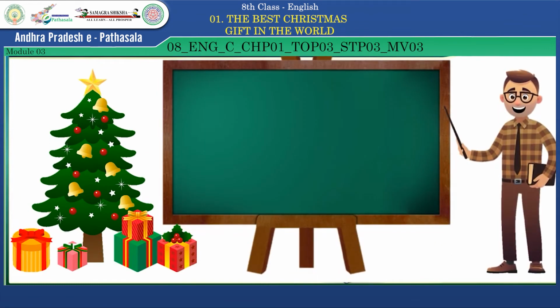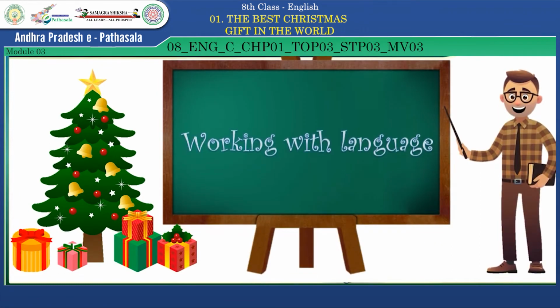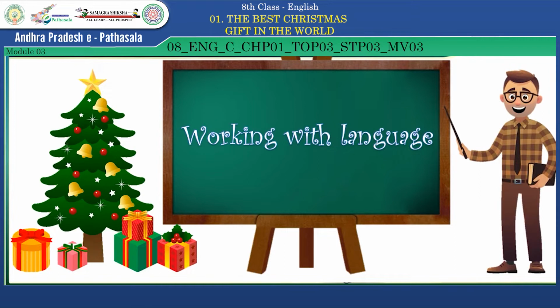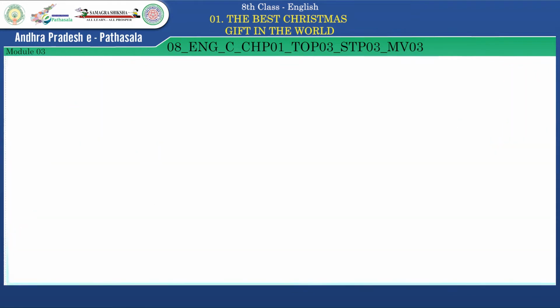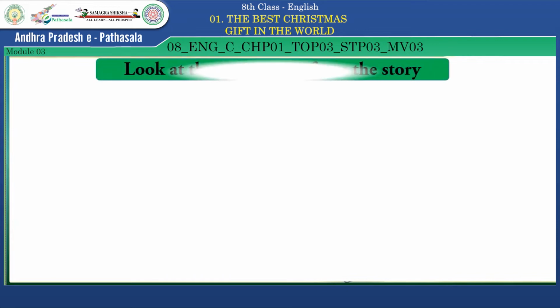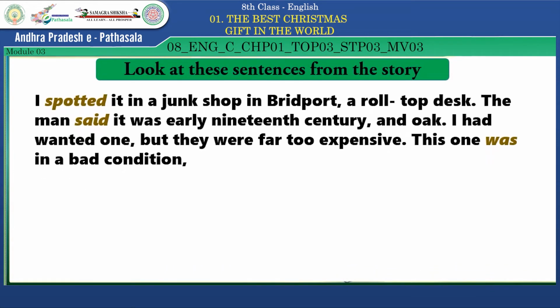Let us go to the working with the language. In this section, we will deal with grammar part. Look at this sentence from the story. I spotted it in a junk shop in Bridport. A roll-top desk. The man said it was early 19th century and oak.